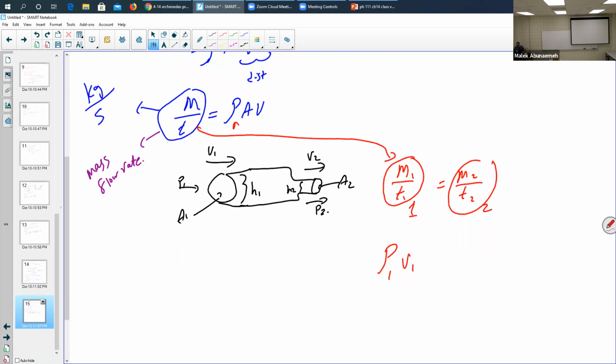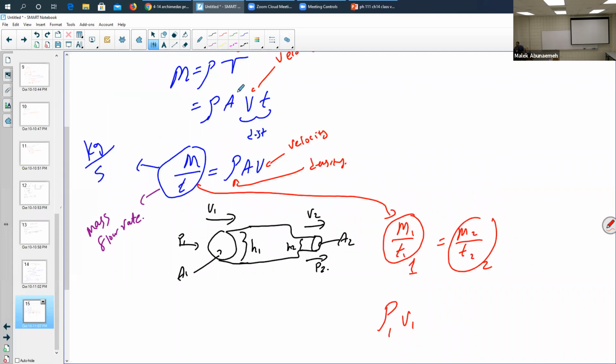Let me just write that down. Rho is density. That way you would not confuse it as pressure, and this is your velocity. Notice I don't have the wings on it like I did for the other one.